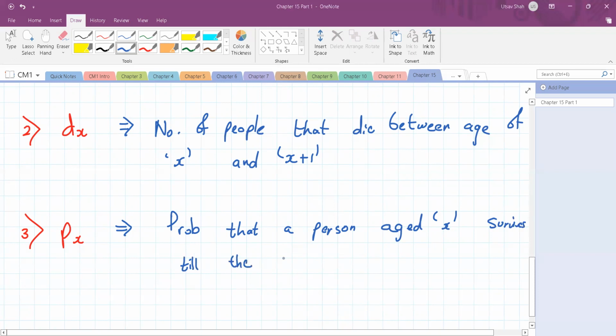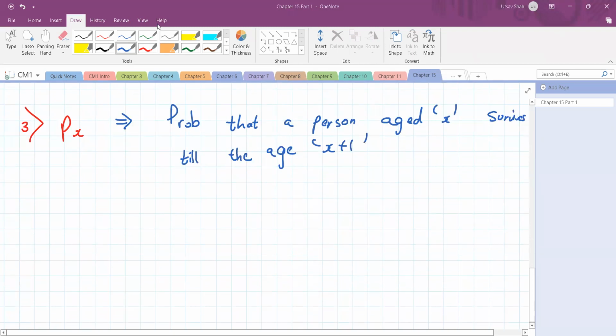If we take p60, it is the probability that a person who is 60 today will survive to the age of 61.